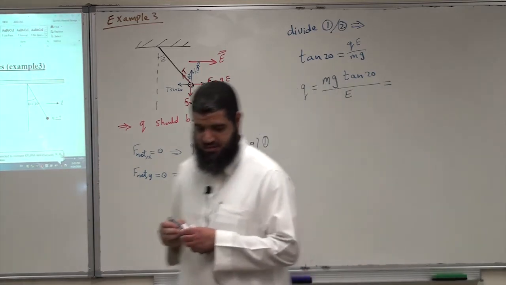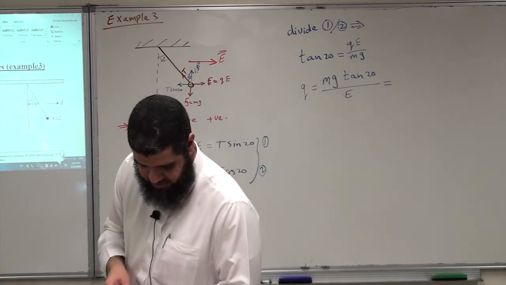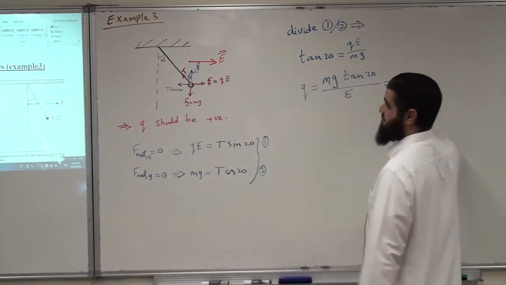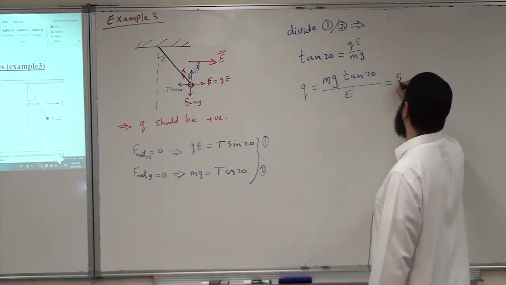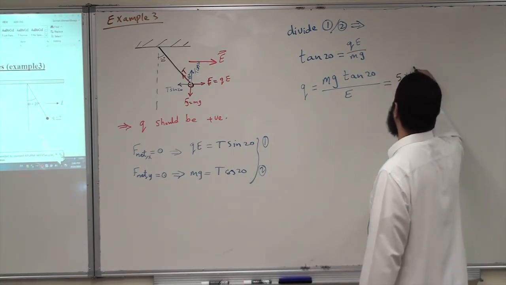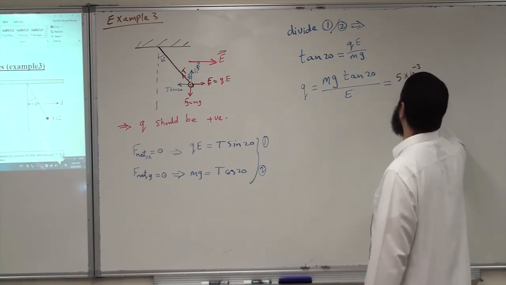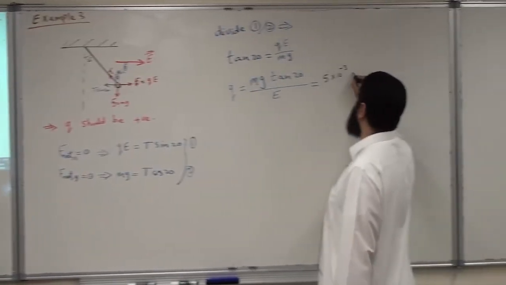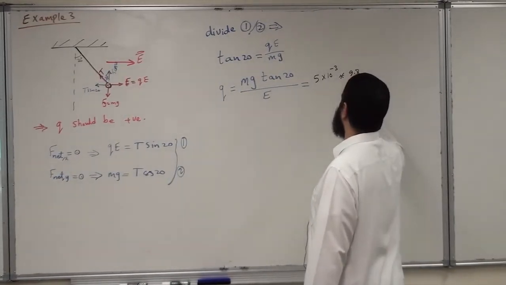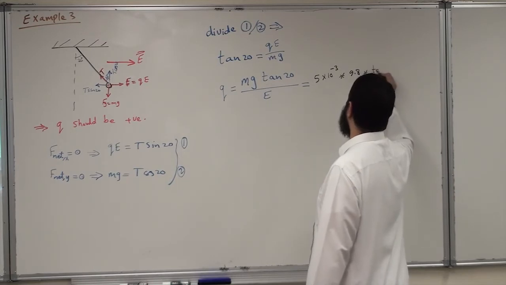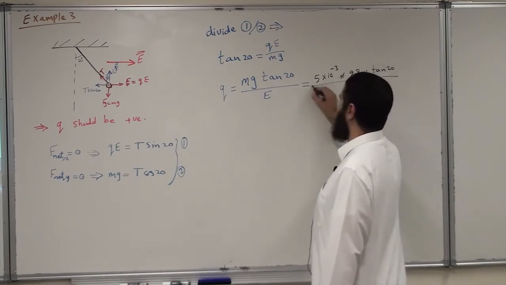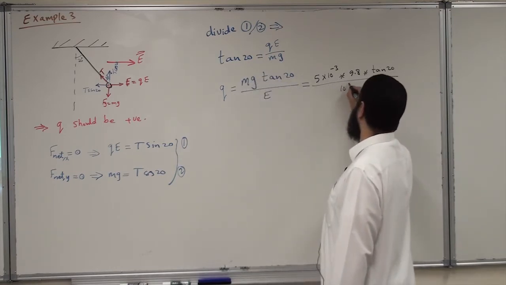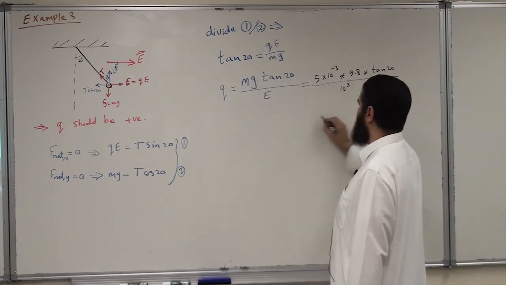If you plug in these numbers correctly, you will get the following. What is the mass of the particle? It is 5 grams. You have to convert it to SI units, kilograms. So this is 5 times 10 to the minus 3 kilograms times g, which is 9.8 meter per second square, times tan 20 divided by the electric field magnitude, which is 10 to the power 5 Newton per coulomb.